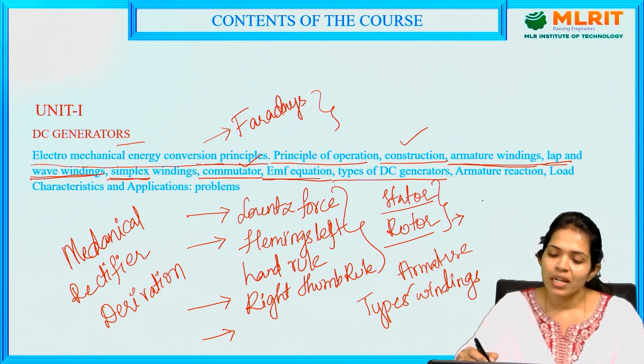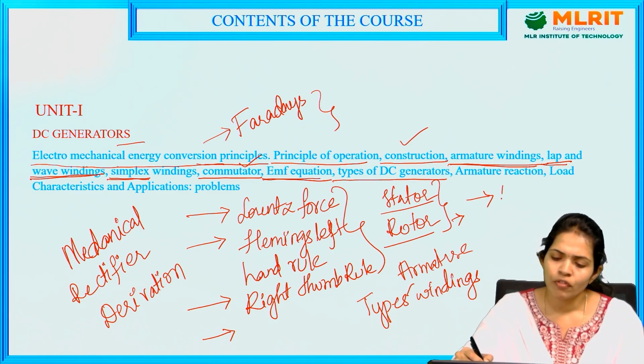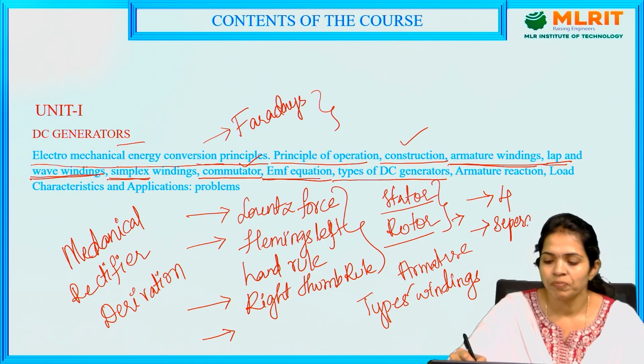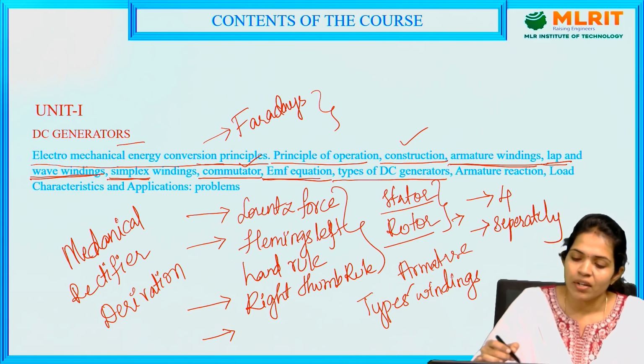We basically have four kinds, under which we have the separately excited DC generator. Then we have series.